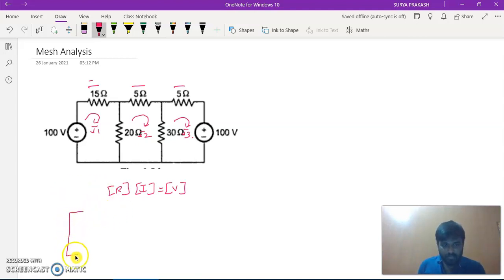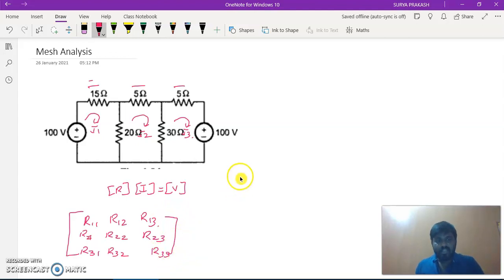The R matrix is composed of R11, R12, and R13, since there are three loops. For the second row, R21, R22, R23, and for the third, R31, R32, and R33.